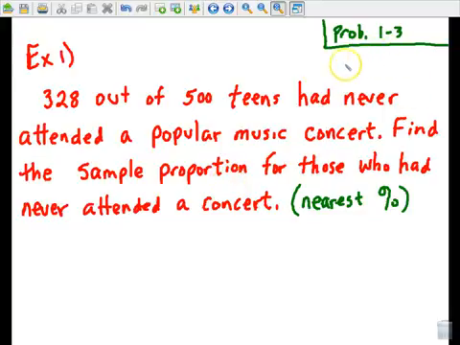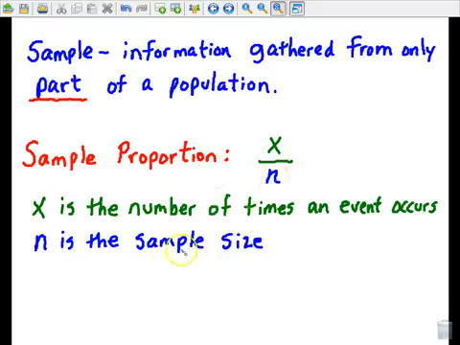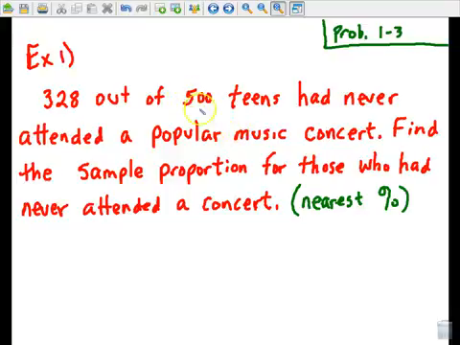Problems 1 through 3 of your assignment look a lot like this. There are 328 people out of a total of 500 teens that had never attended a popular concert. We want to find the sample proportion for those who had never attended a concert. Going back to our formula, the sample size in this case is the 500 teens. Obviously we could have polled many more than just 500, but we picked 500 as a representative sample.